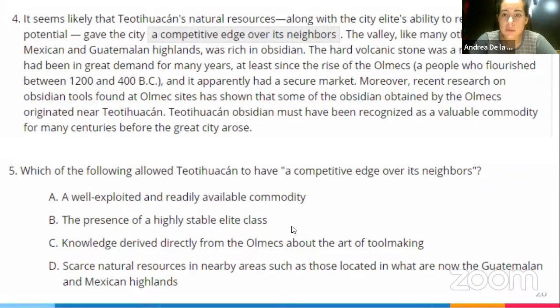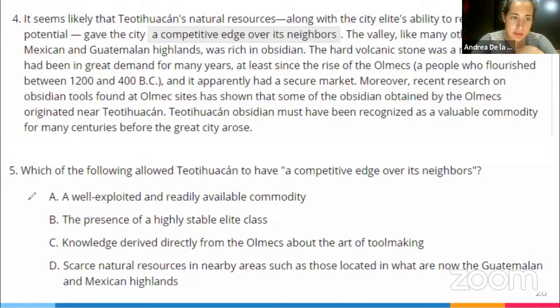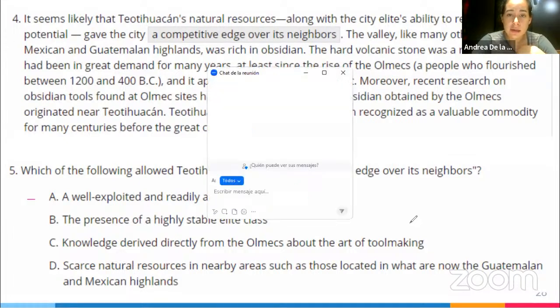Okay, guys. So what do you think the right option is? D. I think it's A. Okay, so Henry says A. Anyone else? All right, no, Henry says D, right?